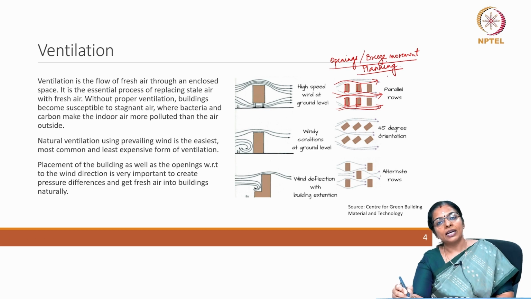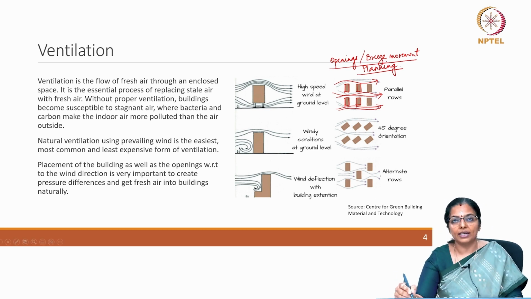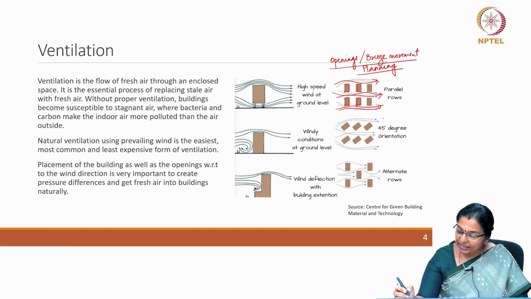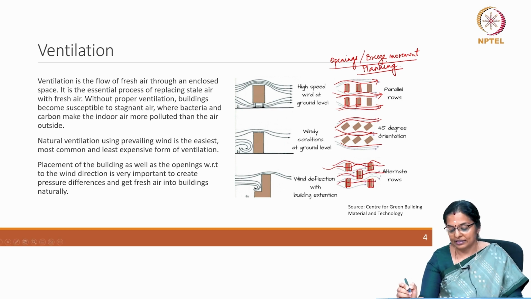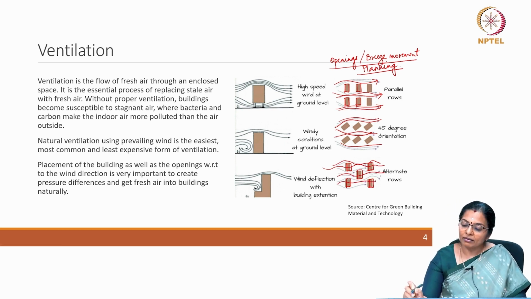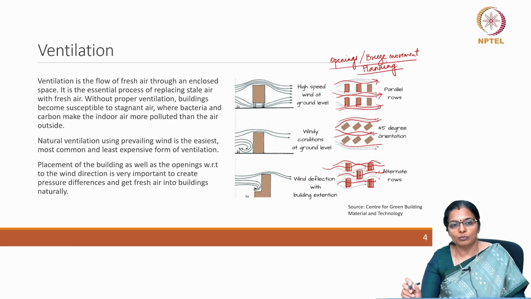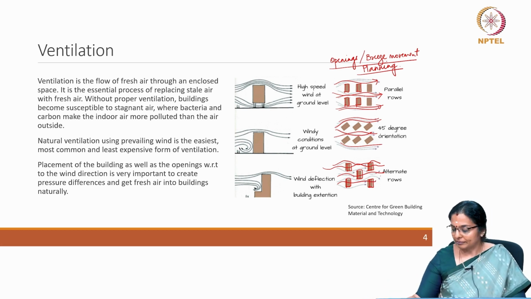So, this is in combination with planning. At 45-degree orientation, it's a slightly better situation, whereas if you have buildings which are oriented towards the wind direction and which are staggered, then there is an opportunity for the breeze to even flow through the buildings. And in this manner, planning and breeze movement are related.